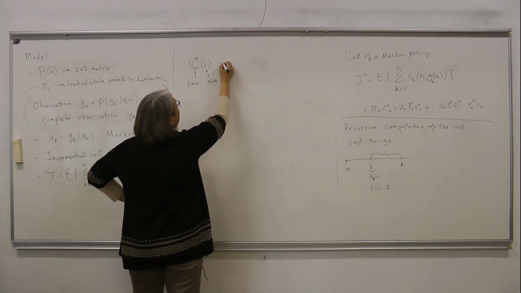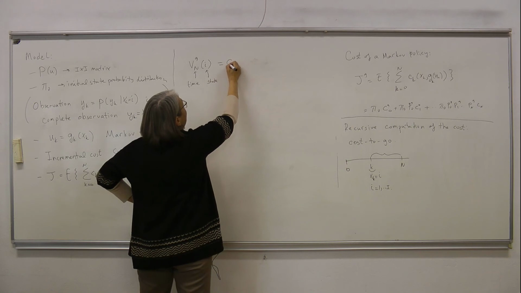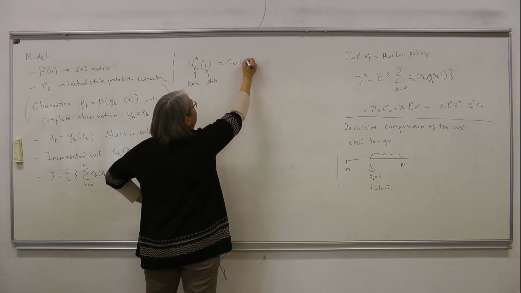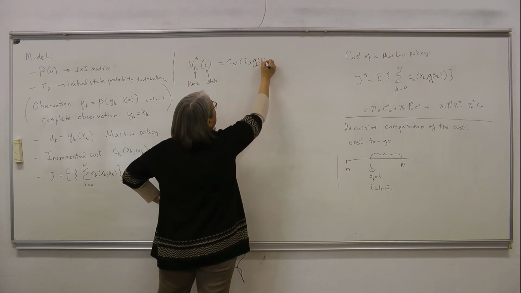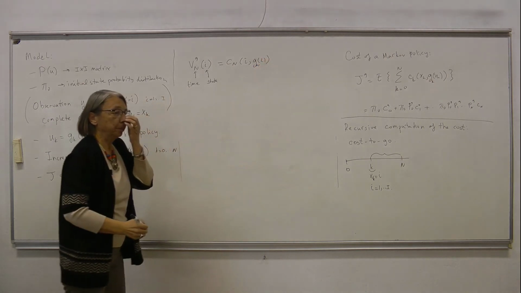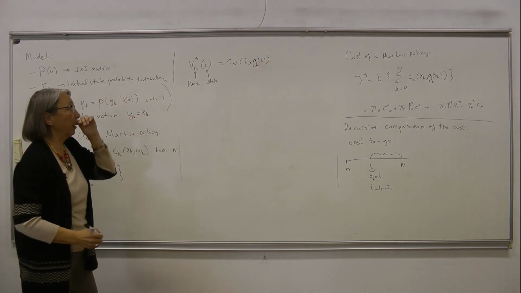And therefore, that will exactly be equal to, so simple, C sub n of state I, and the input is g_n of I. That's simple for that time.